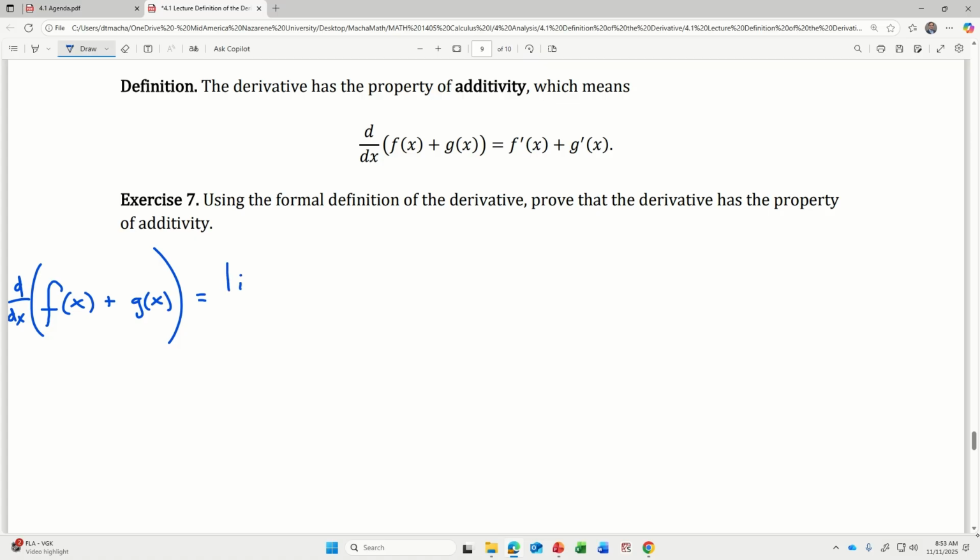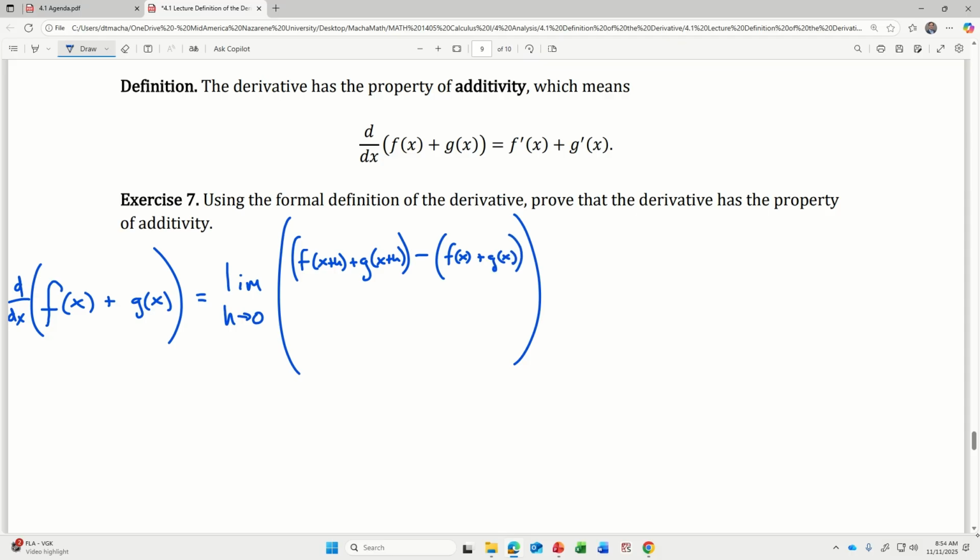And that's going to be the limit as h approaches 0 of f of x plus h plus g of x plus h minus f of x plus g of x, divided by h. That's what I get if I just plug that expression into the formal definition of the derivative.